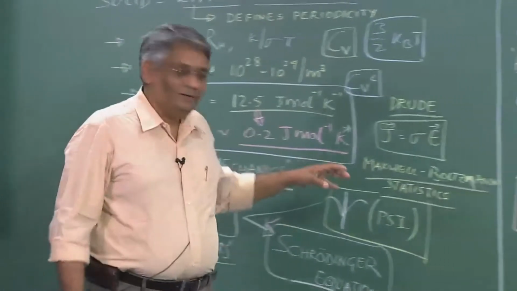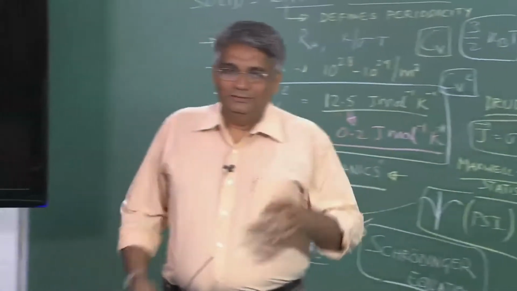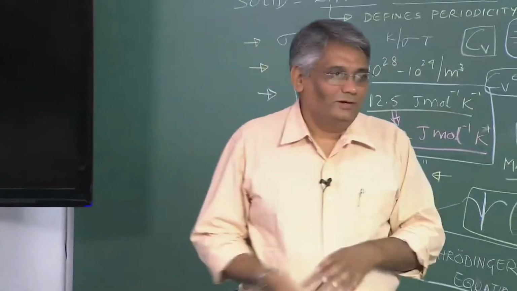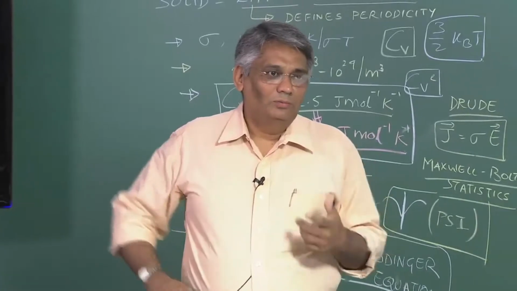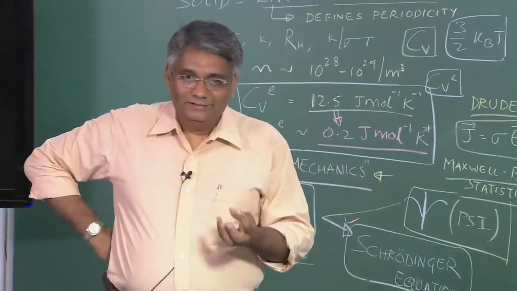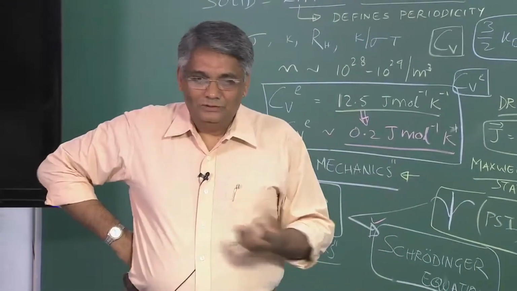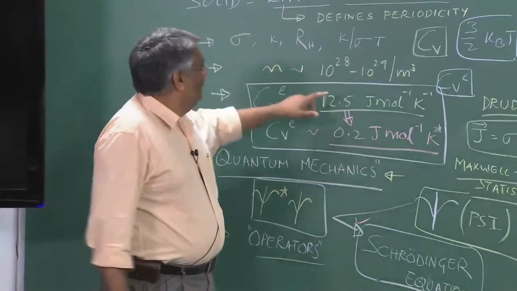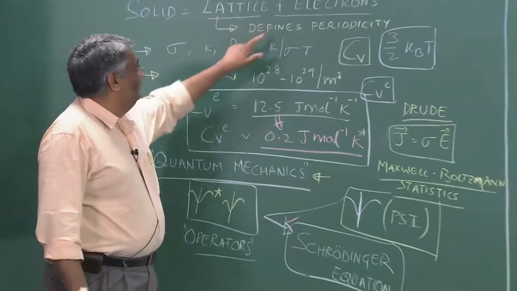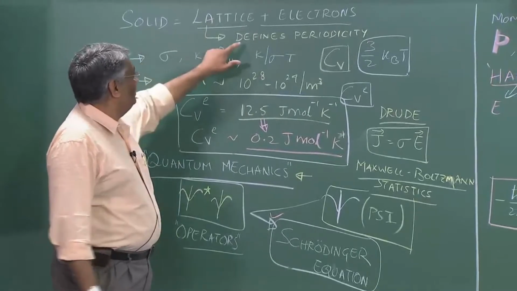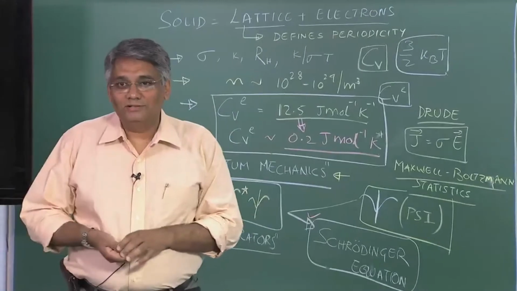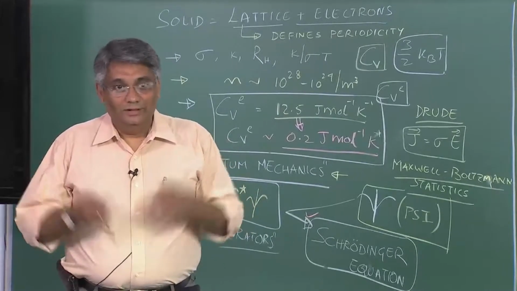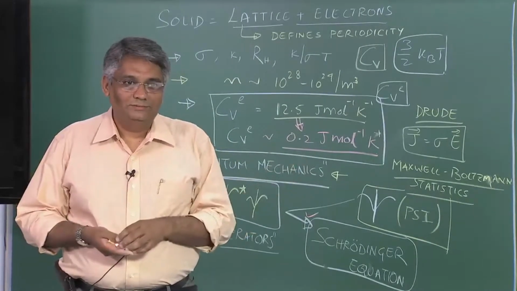That is why for all practical purposes there is nothing like a free electron. The electron is bound to the lattice in certain ways. So, as I told you, the periodicity of the solid is always defined by the lattice. So, the way the electron propagates in a solid is also defined by the lattice.